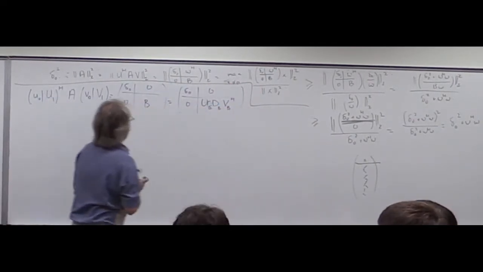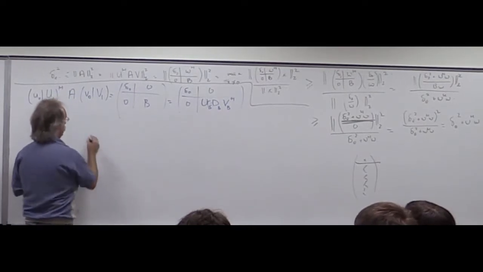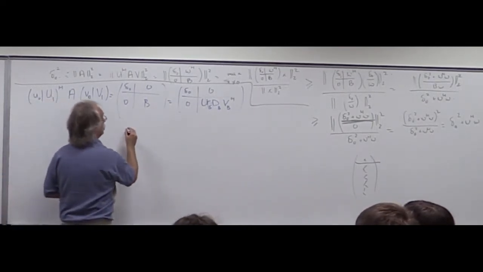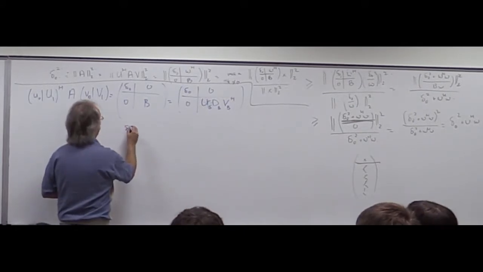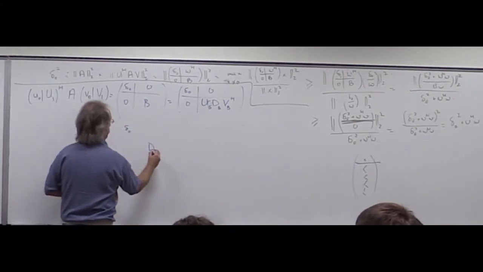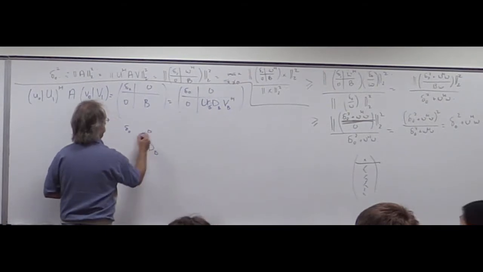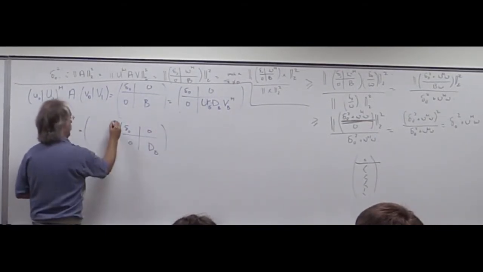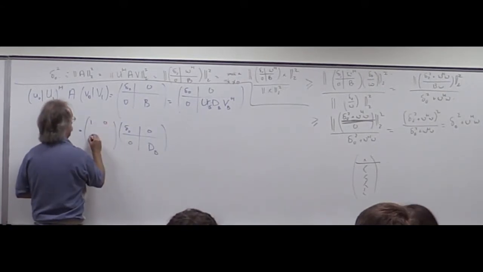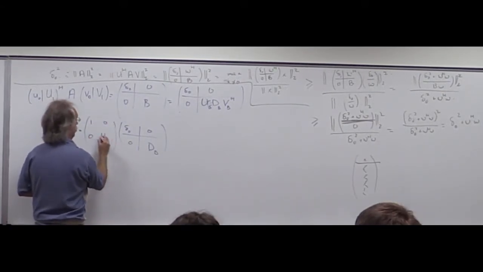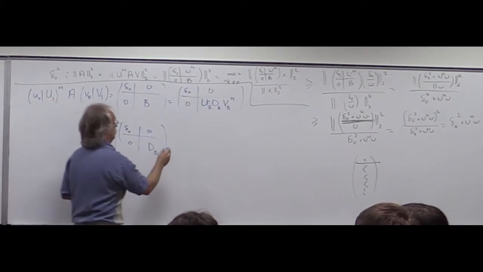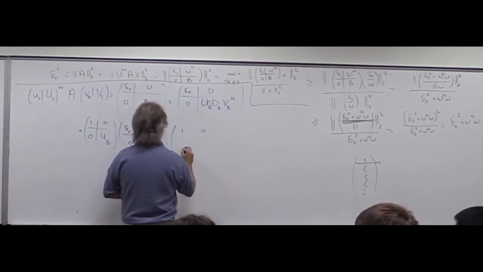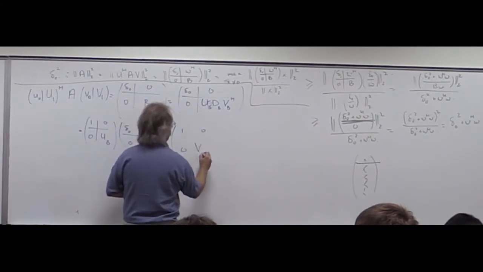This result here, you can write as delta 0, B 0, 0 times the matrix 1, 0, 0, UB times the matrix 1, 0, 0, VB Hermitian.